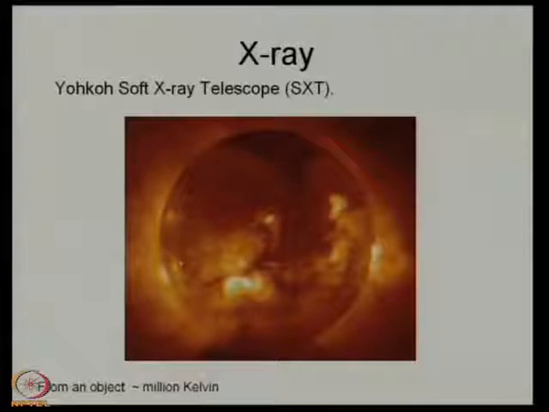This is an X-ray picture of the sun. This picture has been taken by the Yohkoh Soft X-ray telescope. The X-ray radiation coming from this, if you compare it with the black body spectrum, would correspond to something like 1,000,000 Kelvin, which is quite different from the temperature which characterizes the bulk of the radiation, which is at 5800 Kelvin.